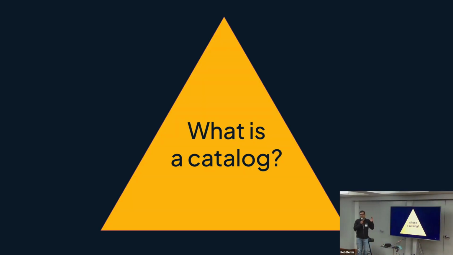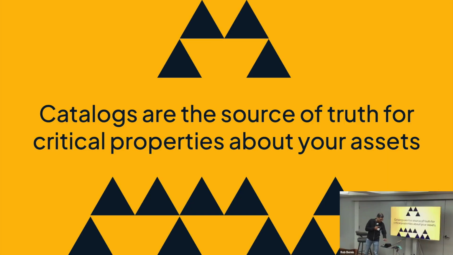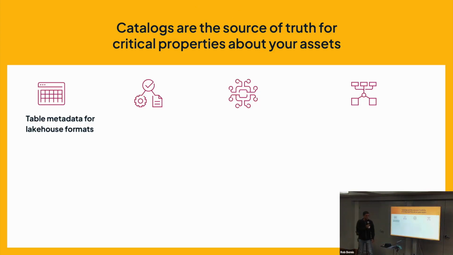Okay, so let's start with the basic question. What's a catalog and why are catalogs important? Catalogs are the source of truth for your critical properties about your assets. So what does this mean? Let's take an example. Today a very popular catalog is Hive Metastore. And Hive Metastore stores the metadata for all your tables.